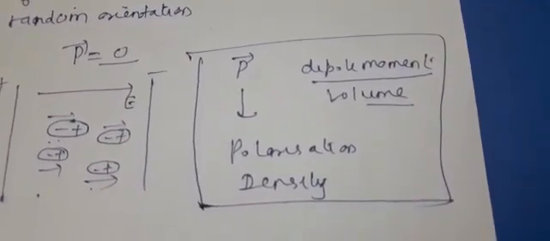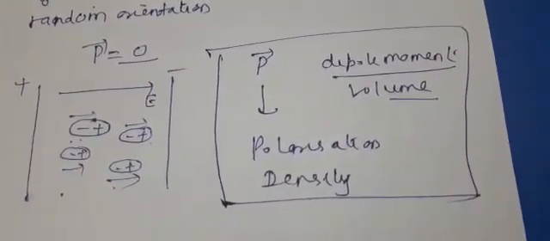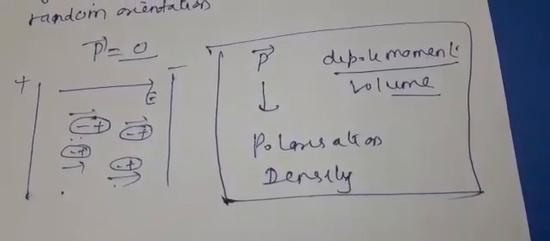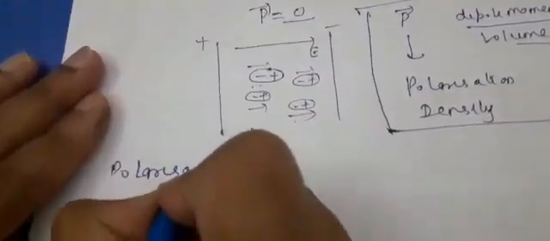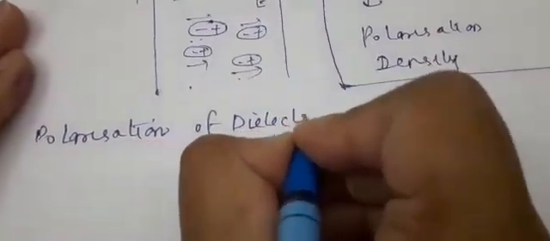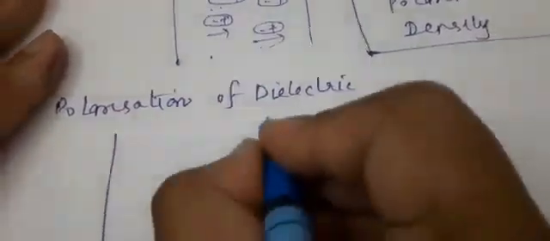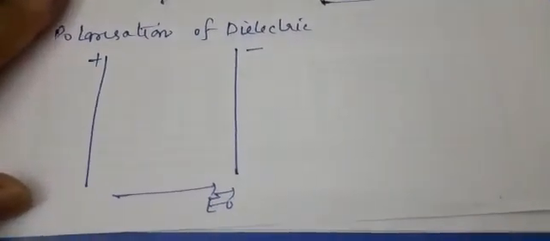So basically here we have to study polarization of dielectric, especially for a non-polar dielectric. Here is the external field which we are maintaining by a certain source, let it be E0, producing an electric field.